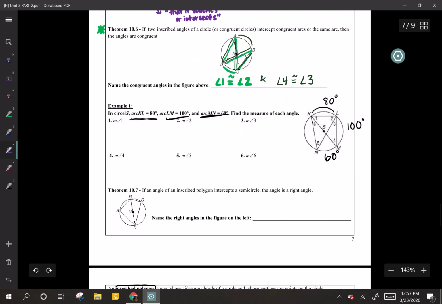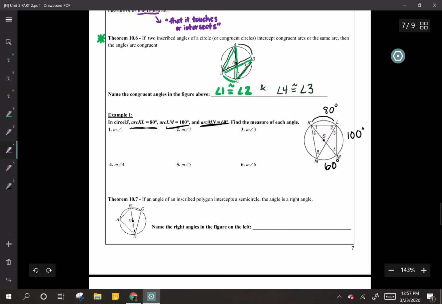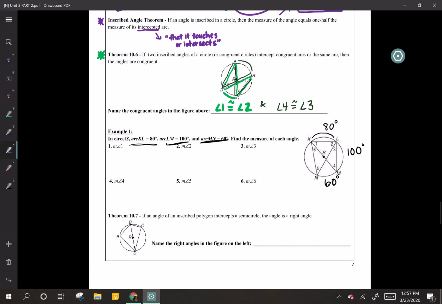When we do these calculations, you'll see me use the inscribed angle theorem, remember I said I'll color code that in purple, in numbers 1, 2, 3, and 4. And then you'll see me use Theorem 10.6 in numbers 5 and 6.